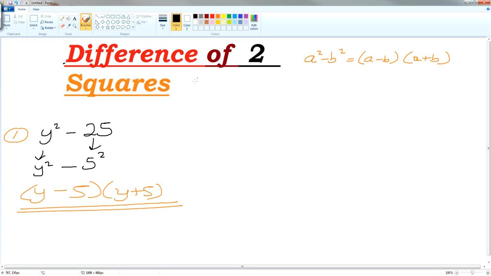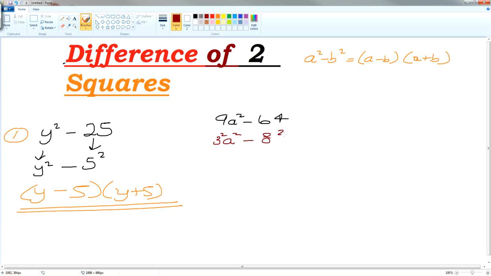Let's have a look at 9a squared minus 64. In 9a squared, where are the square numbers? So 9 is really what? 3 squared. And a squared is really what? Still a squared. What about 64? What square number is 64? 8 by 8.